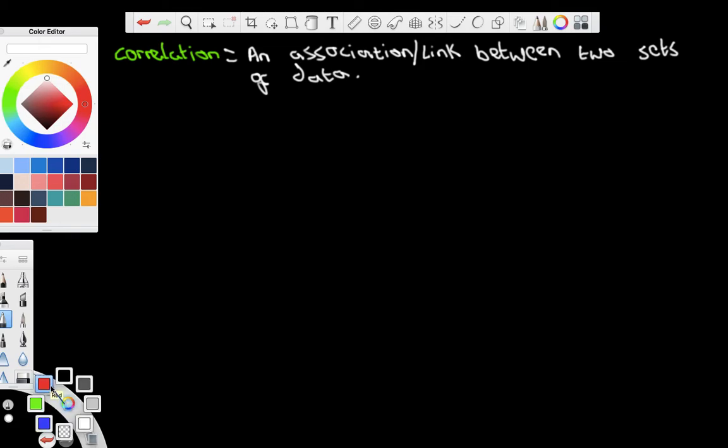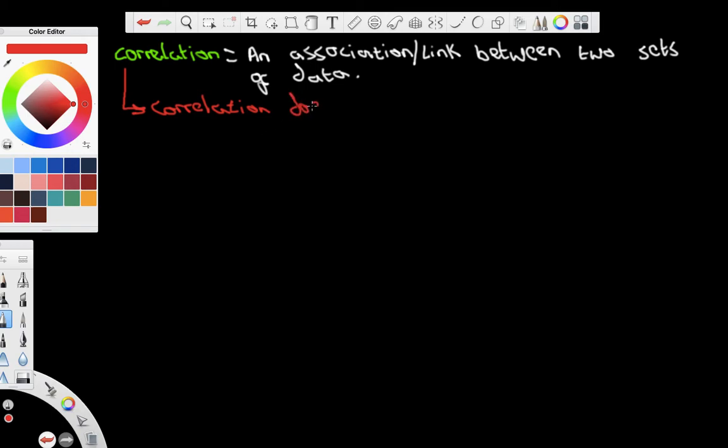So I'm going to add underneath here in red, I'm going to say correlation does not show that the variables affect each other.